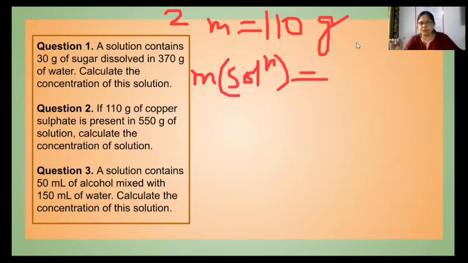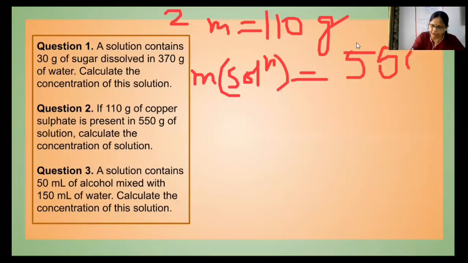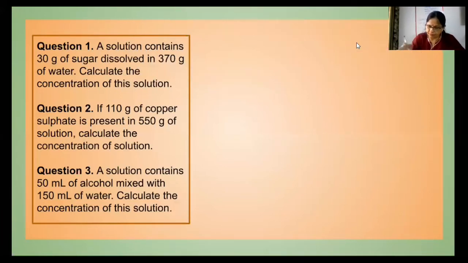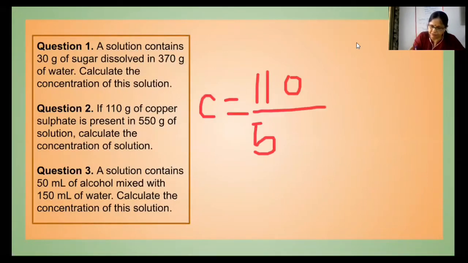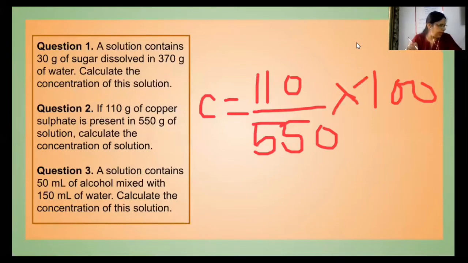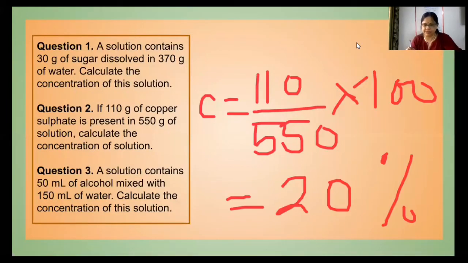You don't have to do anything here, straight away write 550. Now when you put it in the formula, 110 divided by 550 multiplied by 100, the answer is 20%. Question 2 is clear to everyone.